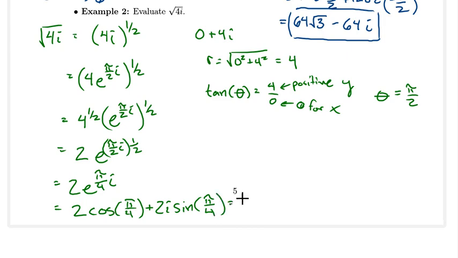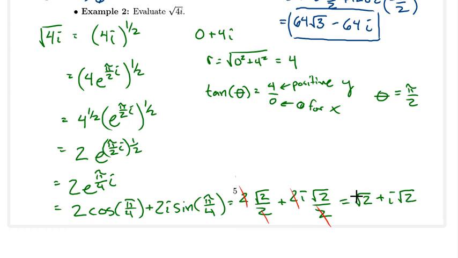But those are values that we know, right? 2 times cosine of pi over 4 is the square root of 2 over 2, plus 2i, again, square root of 2 over 2. So my answer here, after a little bit of canceling, is going to be square root of 2 plus i square root of 2. All right, so that's me taking the root of that complex number.